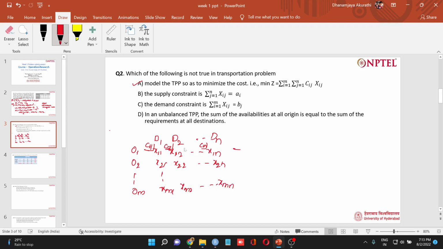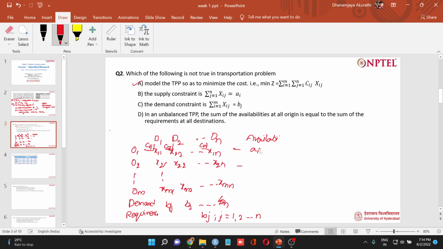So here the total availability is ai, and the demand or requirement can be denoted as bj's, that is b1, b2 and so on up to bn, where j runs from 1 to n.